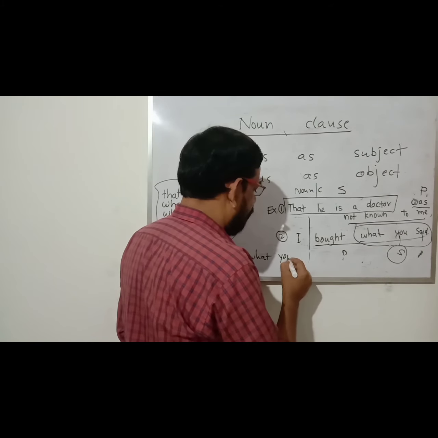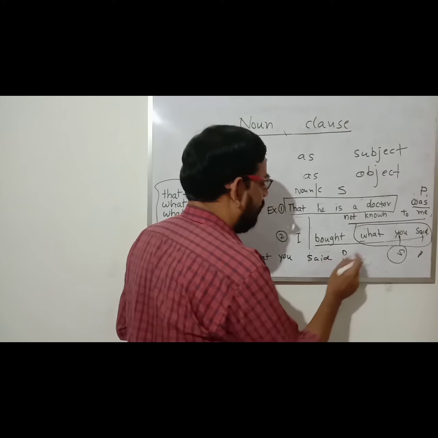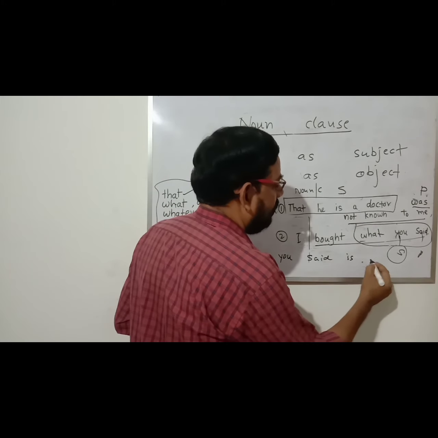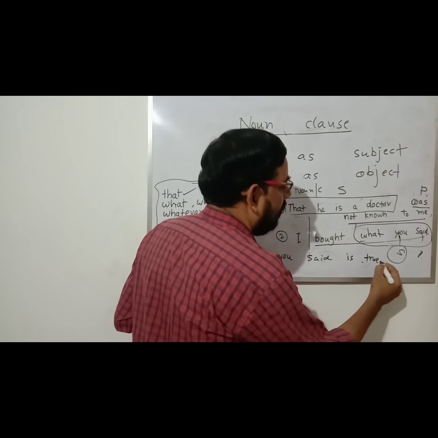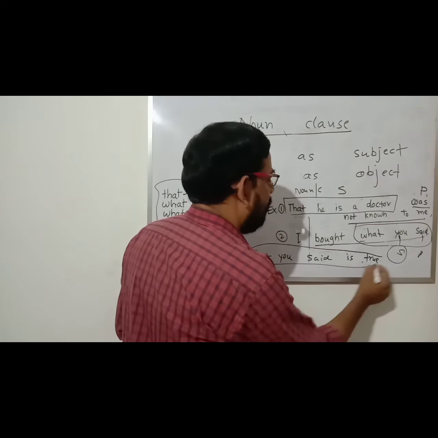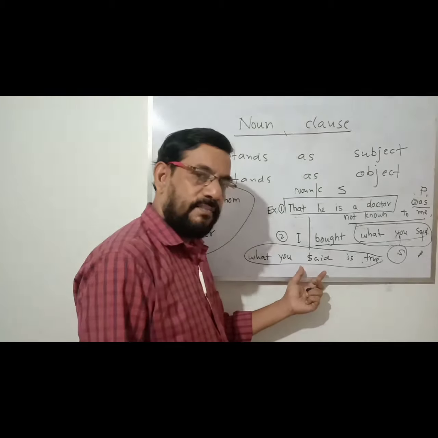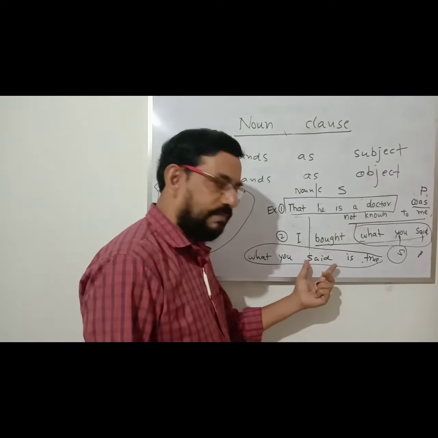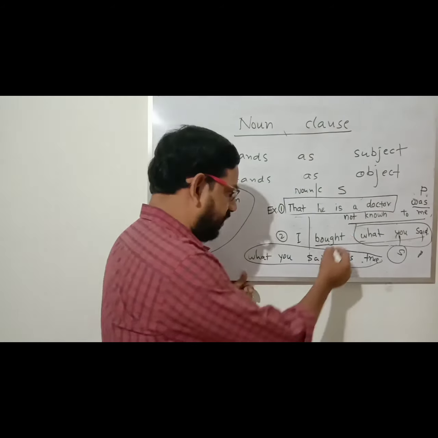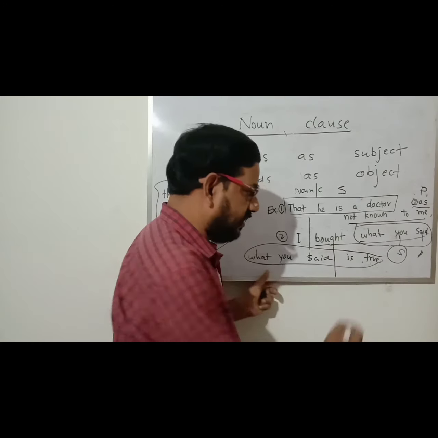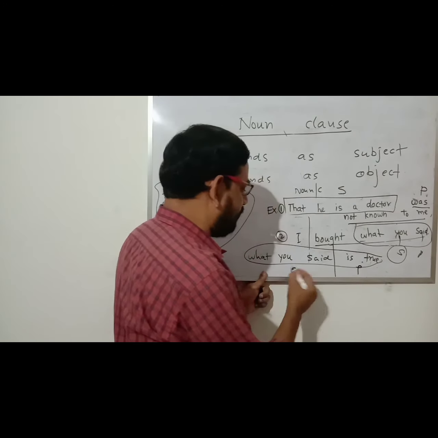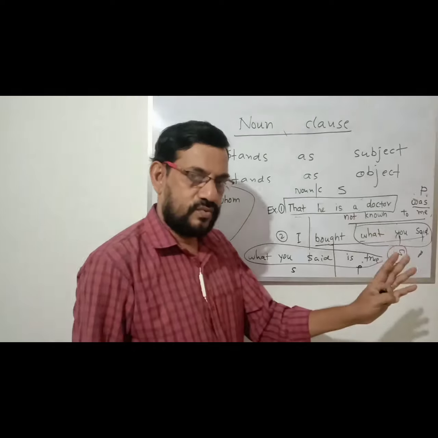What you said. What you said is true. You see, take this example. What you said is true. What are the major elements, the major compartments of the sentence? What you said is the subject, is true is the predicate.